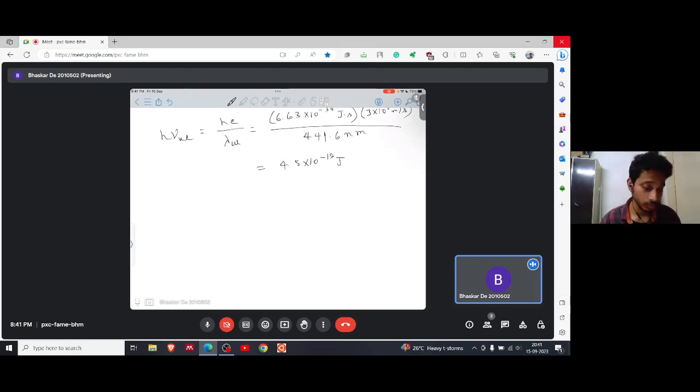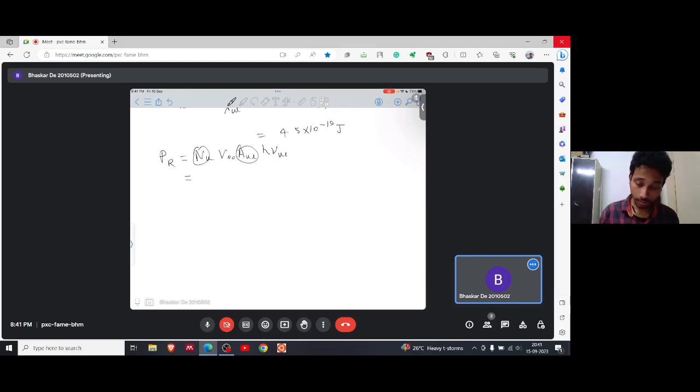Now we have to obtain the power radiated from the mode volume. So that is Nu times V00 times A_UL times h nu_UL. Now this Nu and A_UL can be obtained from the information about the laser, which is not given in the problem, but I will just use it. But don't worry, in the exam you will be given all the necessary information to solve the question.